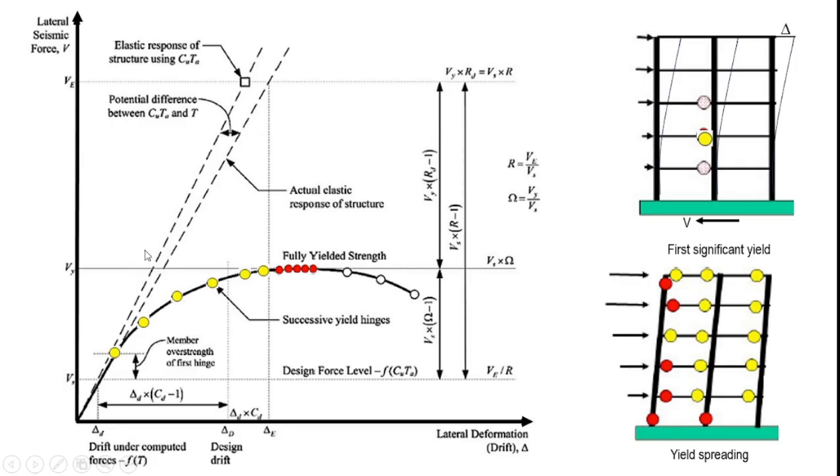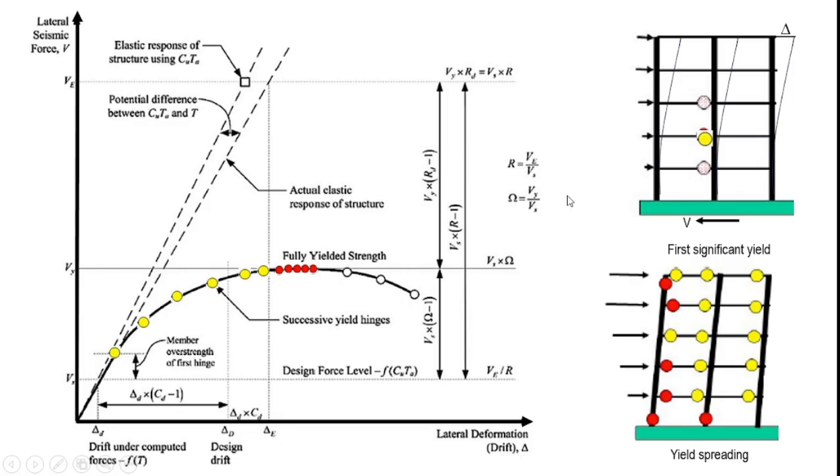Along the x-axis, we have the lateral drift represented by delta, and along the y-axis, we have the lateral seismic force V. In other words, the plot is a relationship between the lateral drift delta and the seismic force V, prepared for a moment resisting frame as shown here.